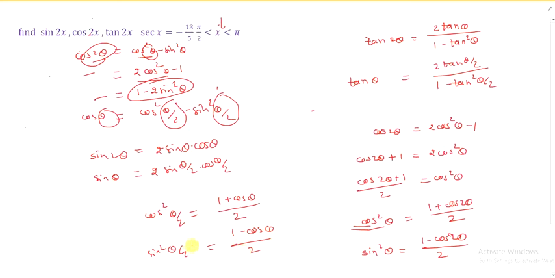So try to remember these, and these are very simple conversions. Divide or multiply theta either by 2 or 3 or 4, then you will get the result. So see these.